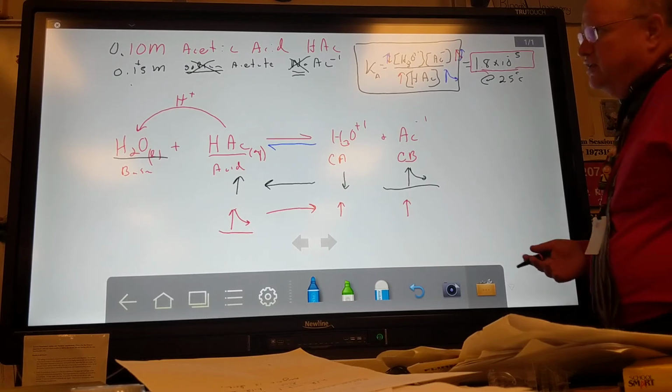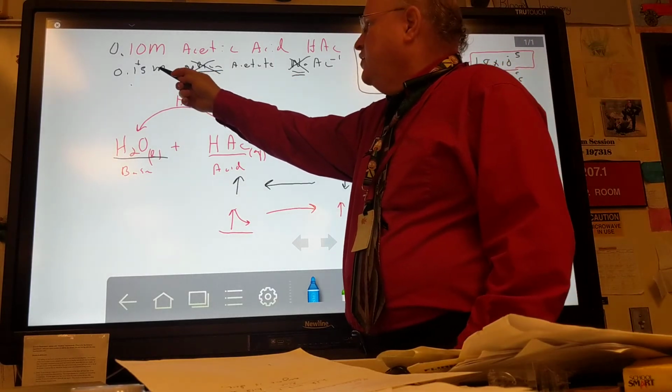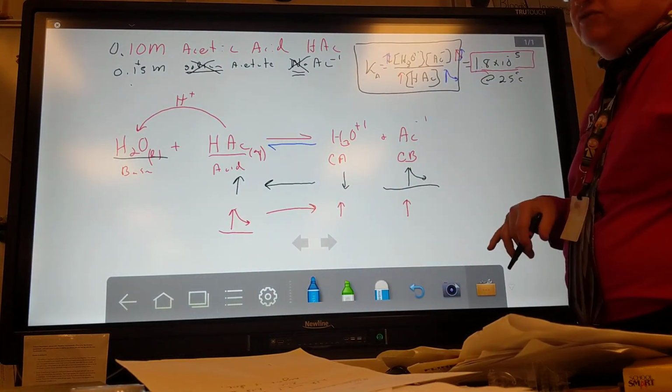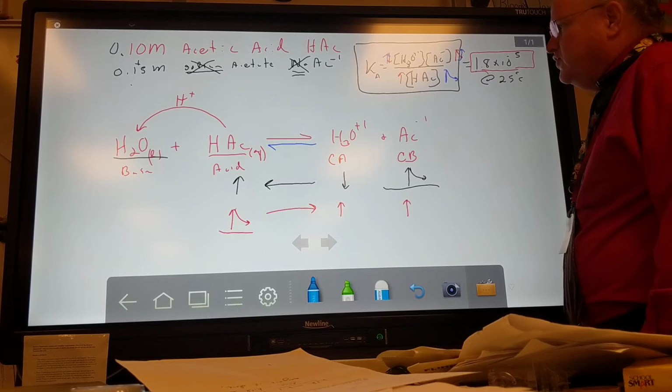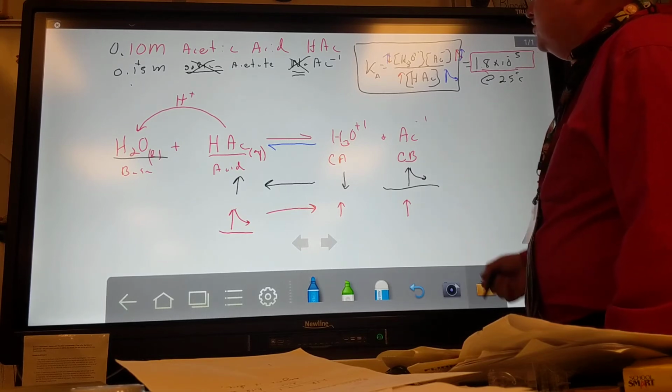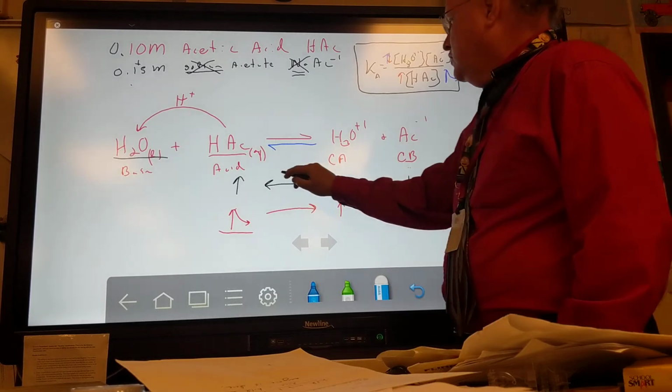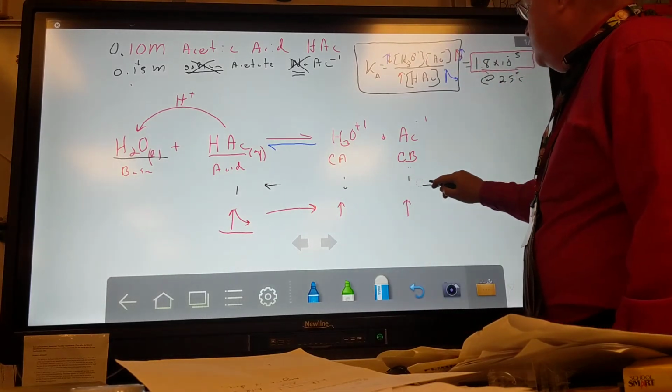So let's try actually doing a problem with the common ion effect. And I'm not going to try and introduce Henderson-Hasselbalch now or buffers, but if I look at this equilibrium, let's do the problem we have right in front of us.